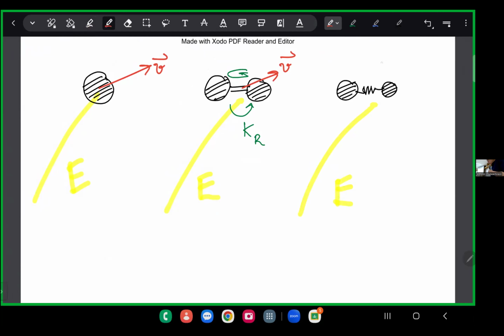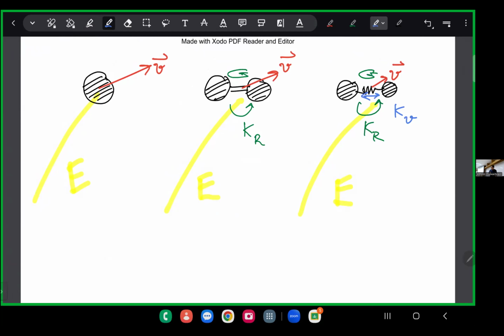Well, of course, it will still be able to move. It will still be able to rotate. No big deal. But now you can see that there is a possibility of vibrating back and forth, simple harmonic motion. So there must be a vibrational kinetic energy.